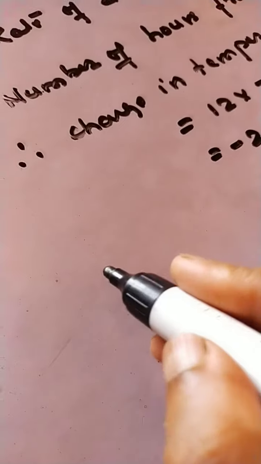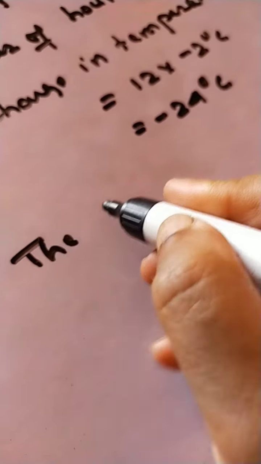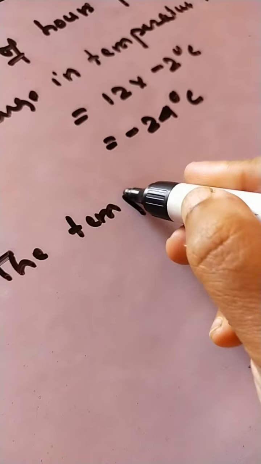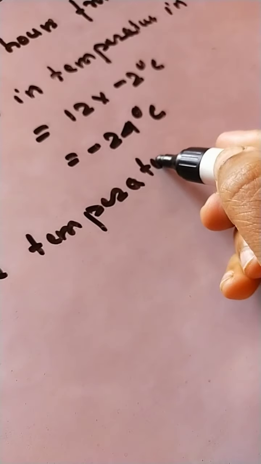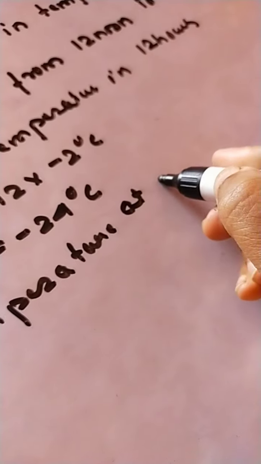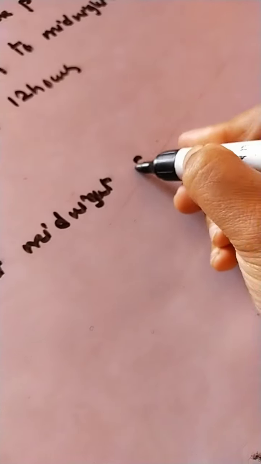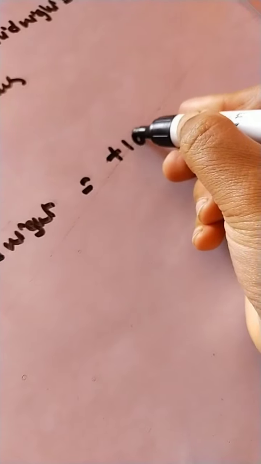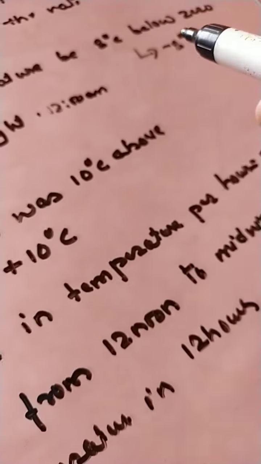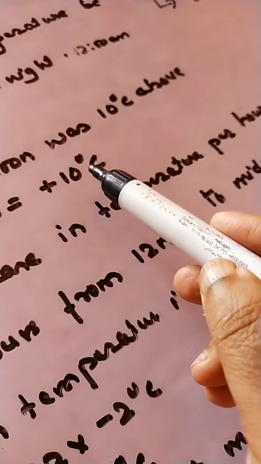So the temperature at midnight would be equal to what? Plus 10 degrees Celsius, because the temperature at 12 noon was plus 10 degrees Celsius.